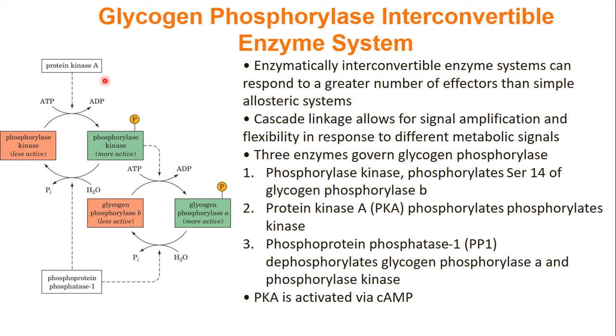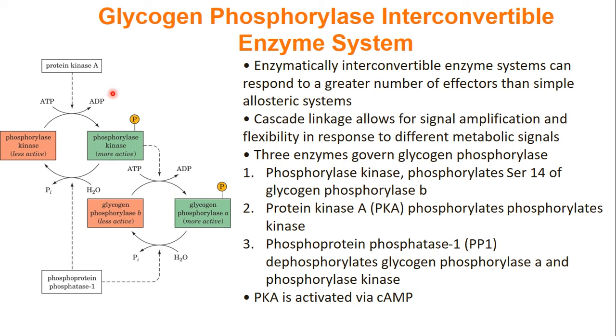And this whole scheme can be turned on through cyclic AMP. Remember, cyclic AMP means we're low in energy, we need ATP, turn on protein kinase A, which will go and turn on phosphorylase kinase, which will go and turn on glycogen phosphorylase, which will break down our glycogen into glucose.